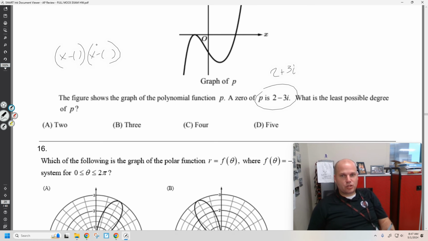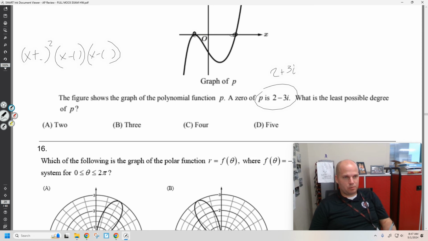Okay, that's 2 factors. So I know I have an x squared coming from complex solutions. I know that I have a real solution that has a multiplicity of 2 because we're just touching and bouncing and not changing sign.